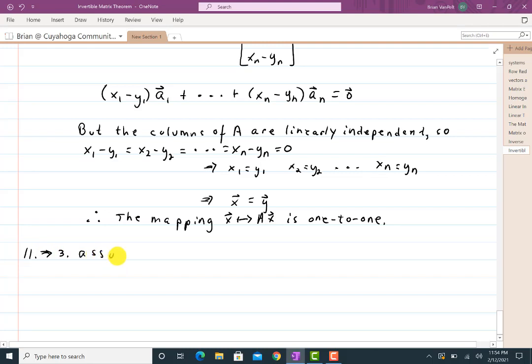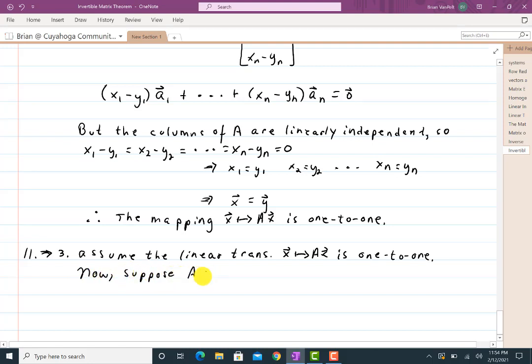Assume the linear transformation X to AX is 1 to 1. Now, suppose AX equals 0.